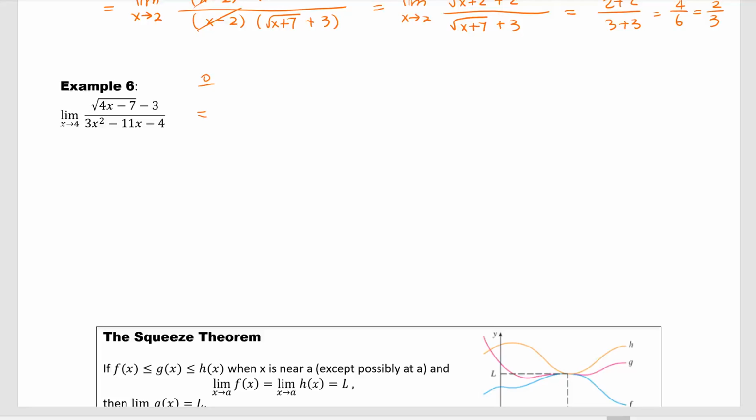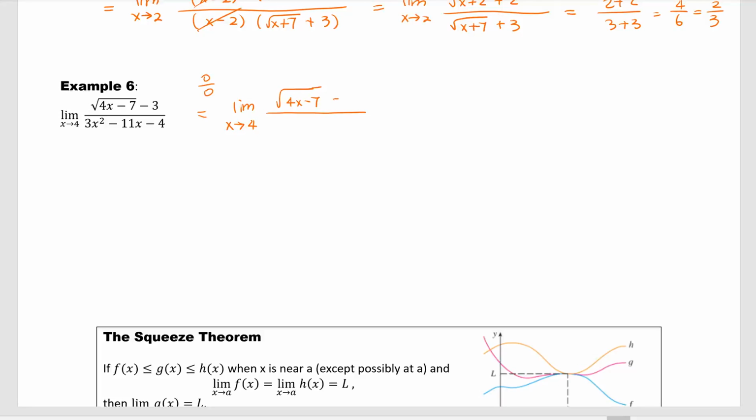So 48 minus 44 minus 4 is actually 0. So we actually get 0 over 0. Okay, and then for the numerator, you see, is a difference of square roots. So what do we do when we see difference of square roots?